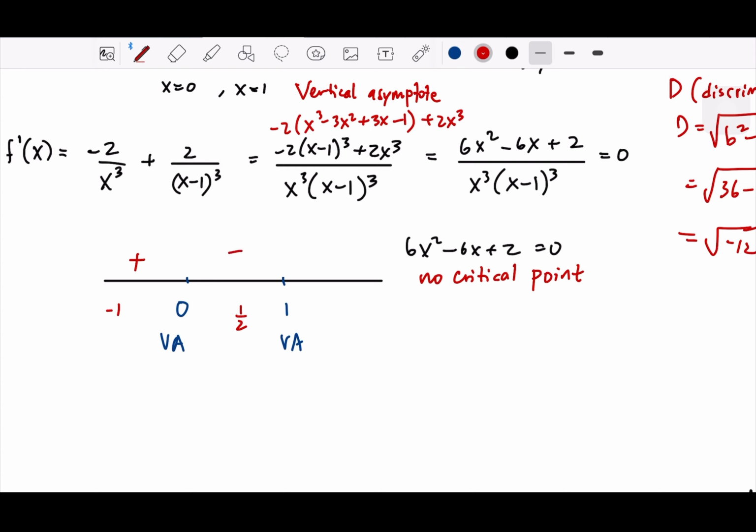And then check 2, which is also positive, I think, right? So it will go increasing, decreasing, and increasing. So although there is no critical point, we are still able to check whether the function is increasing or decreasing.